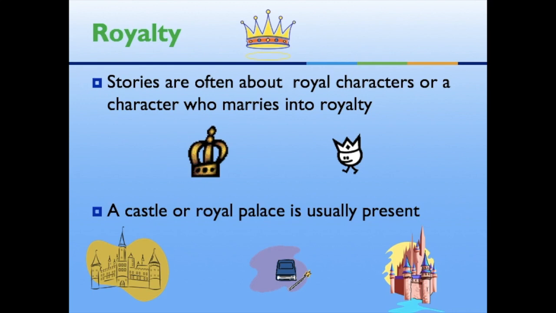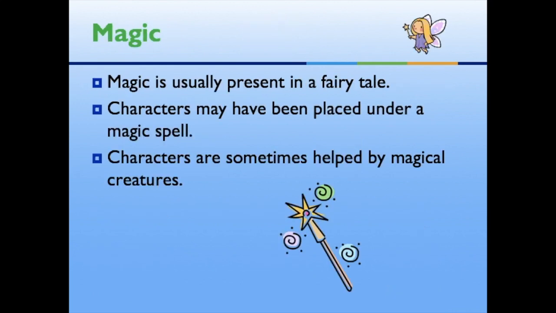There is also the element of royalty. There's often a royal character or someone that marries into royalty. Think Cinderella marries into royalty. And a castle or royal palace is often present. Magic is a big element.